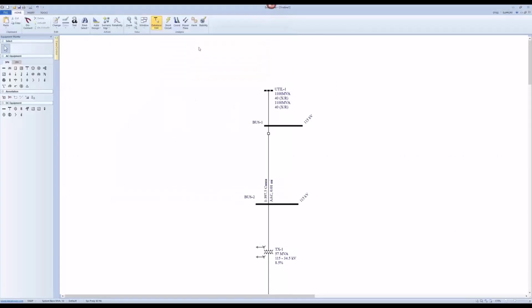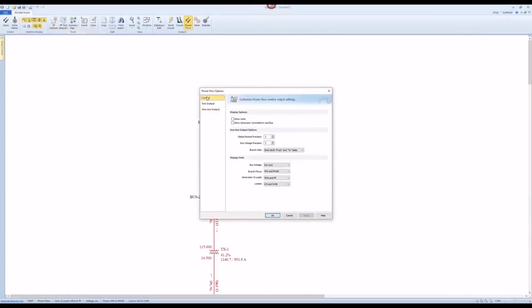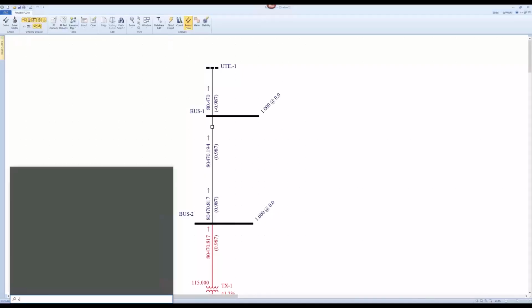Okay. Now let's go to how do I get my MVA demand? Definitely solve the power flow will give my kVA demand, right? So my kVA demand is my output as branch kVA and power factor. So I got my kVA demand as 80470. Let's write that down just in case I forget.